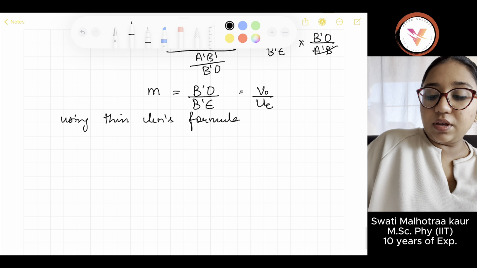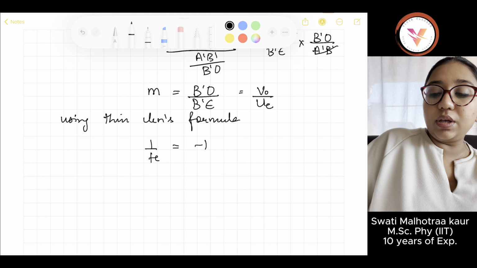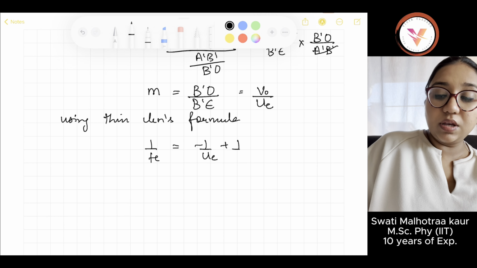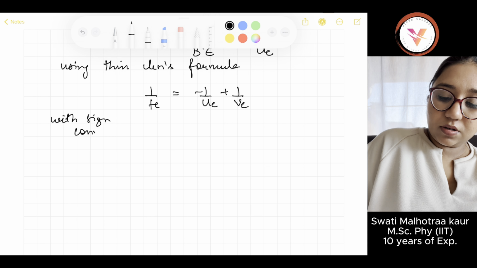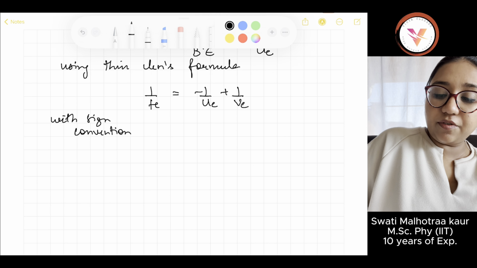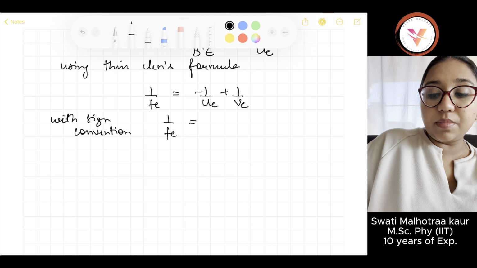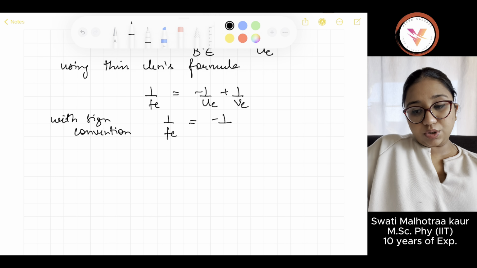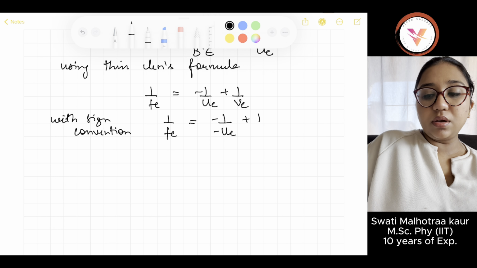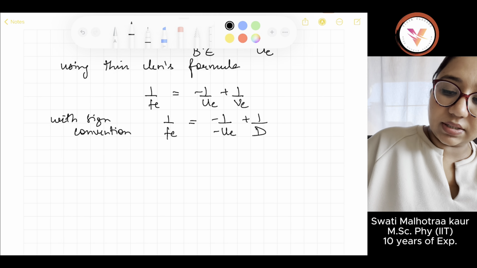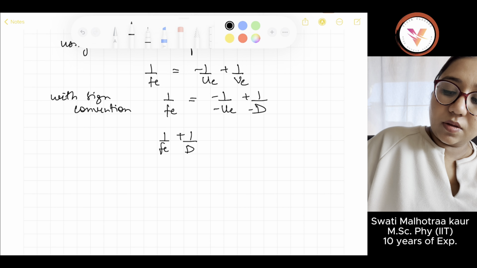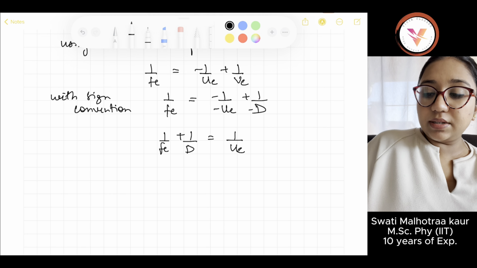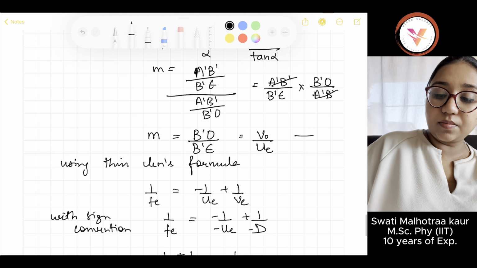So 1 by FE is equal to minus 1 by UE plus 1 by VE, but with sign convention, 1 by FE is equal to minus 1 by UE plus 1 by VE, where VE is minus D. And you can substitute it here.